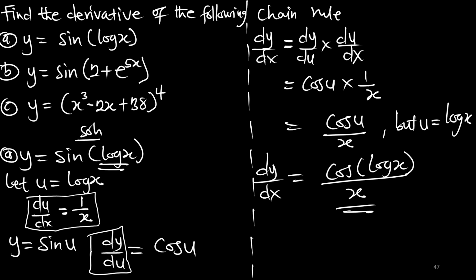Are we okay? Now to the b part. Sine of 2 plus e exponent 5x. This is also very simple. Let's see how we can find the derivative.